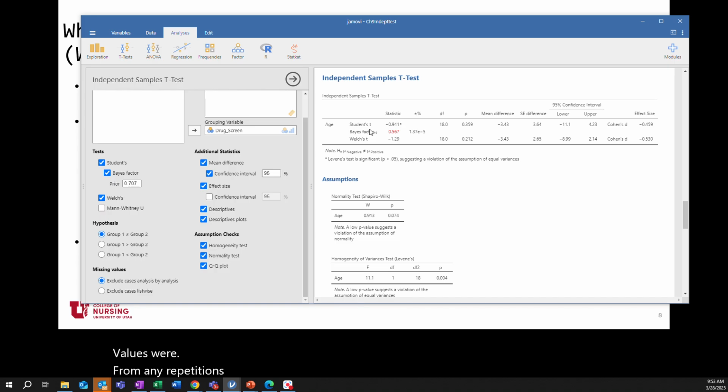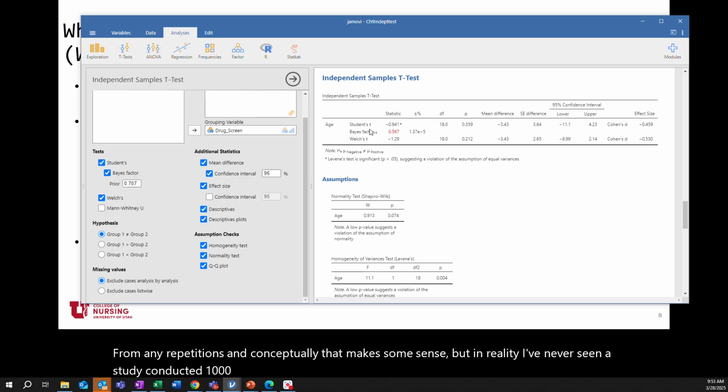And conceptually, that makes some sense, but in reality, I've never seen a study conducted 1,000 times. It's very rare that we see studies repeated twice. And so that's a bit of a conceptual issue.